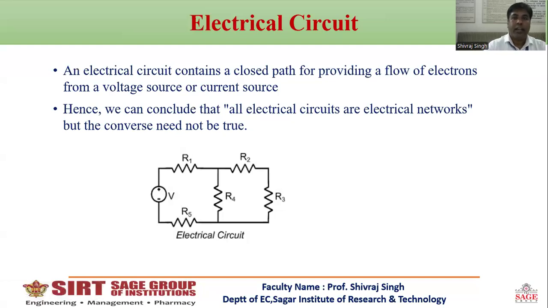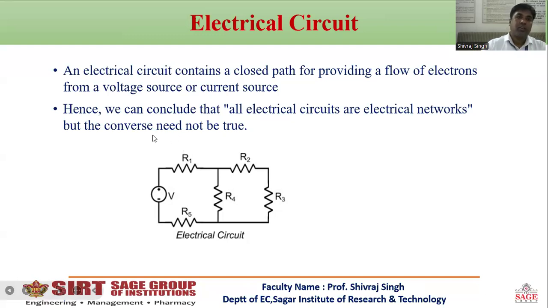Next one, electrical circuit. An electrical circuit contains a closed path for flow of electron from the voltage source and current source. That means for an electrical circuit, it is compulsory to have a closed path for the flow of current.